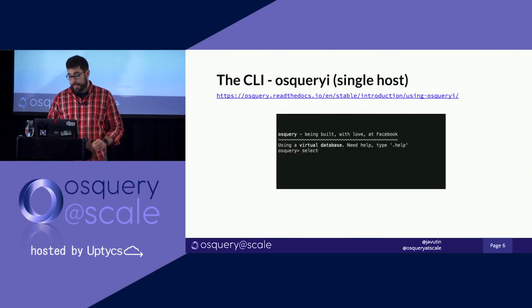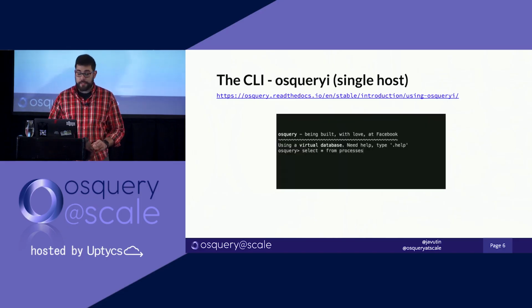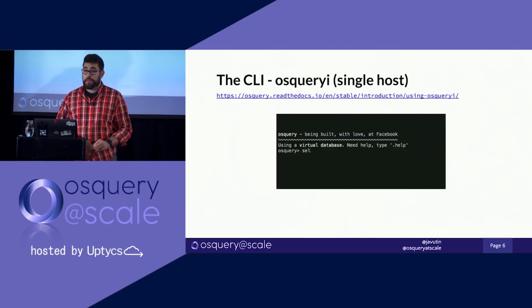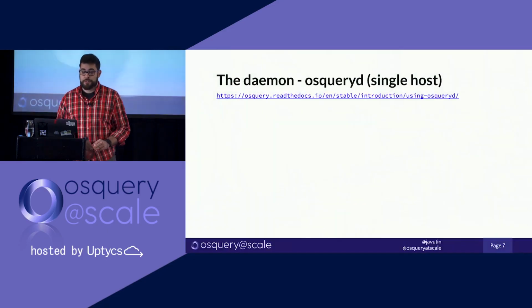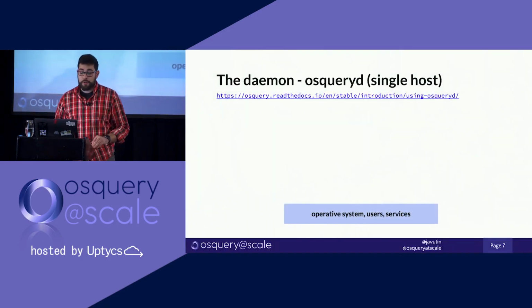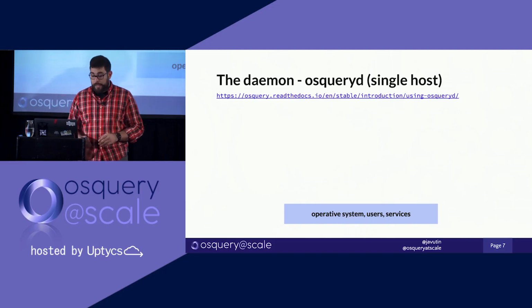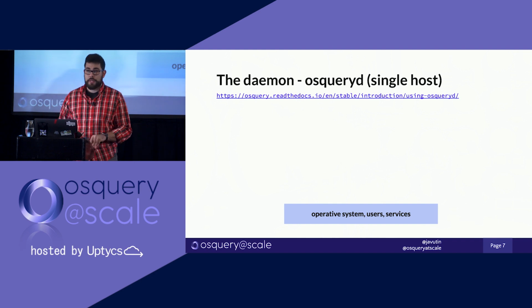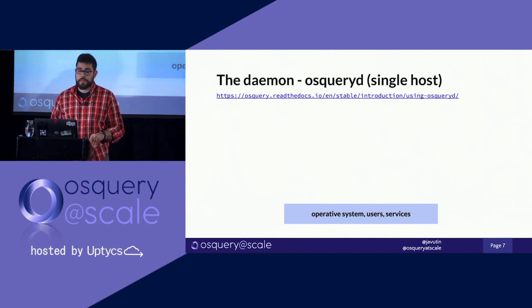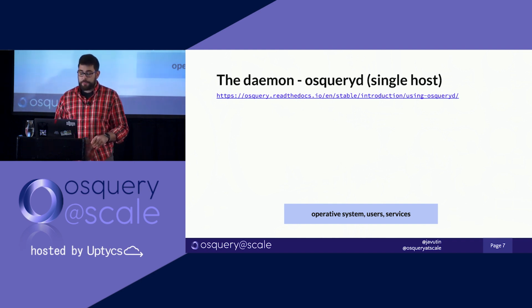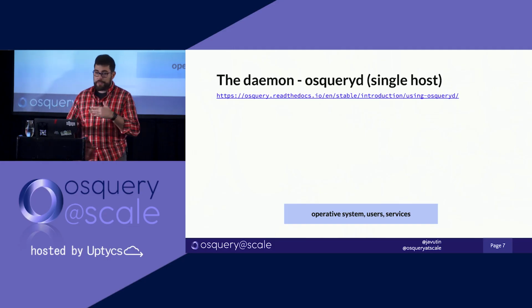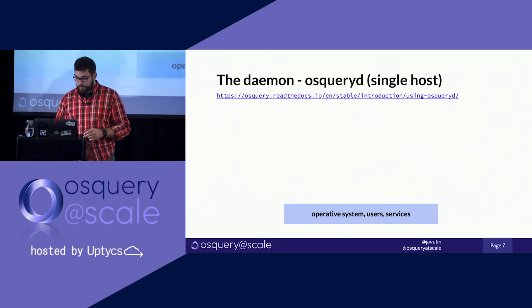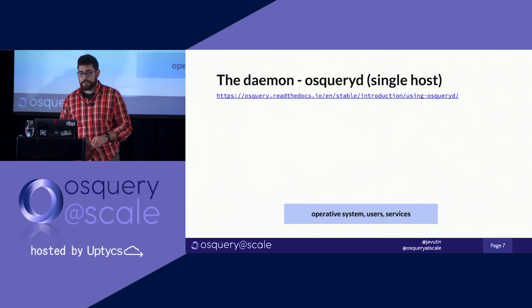But the next step of osquery is how to be able to do things automatically in a host, which in this case is the daemon. The osqueryd, or daemon, is what enables osquery as a service within the system. The binary is the same. Then you're going to have your operating system with its users, user services, and all the data that it stores.